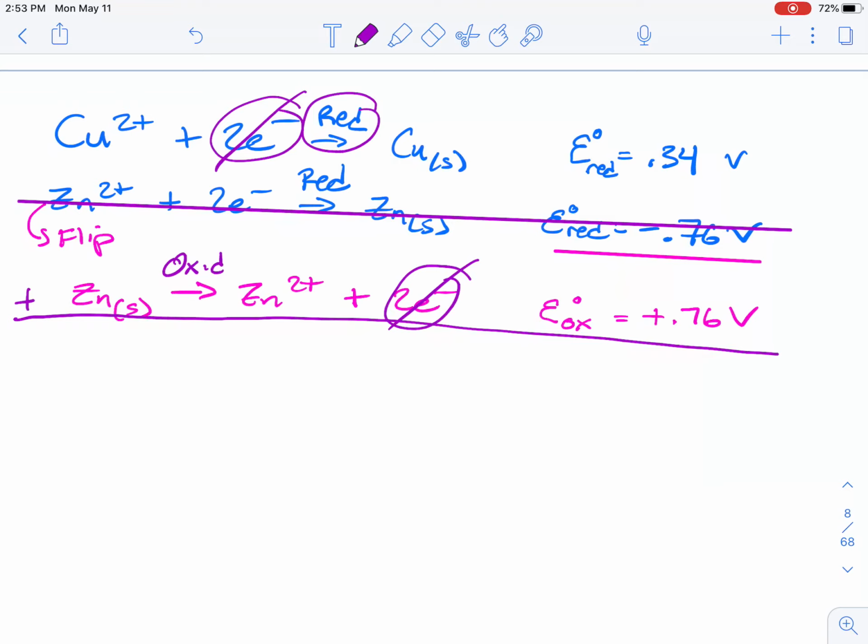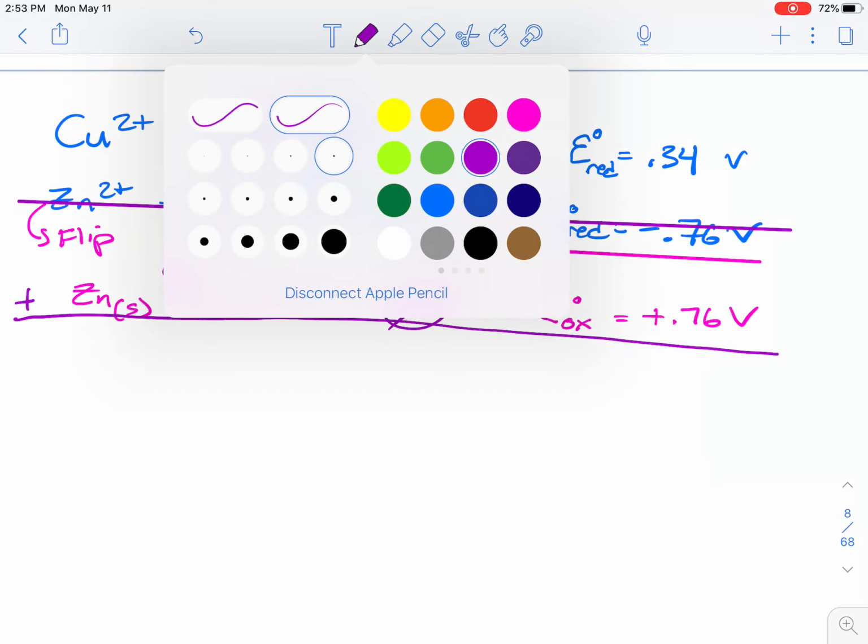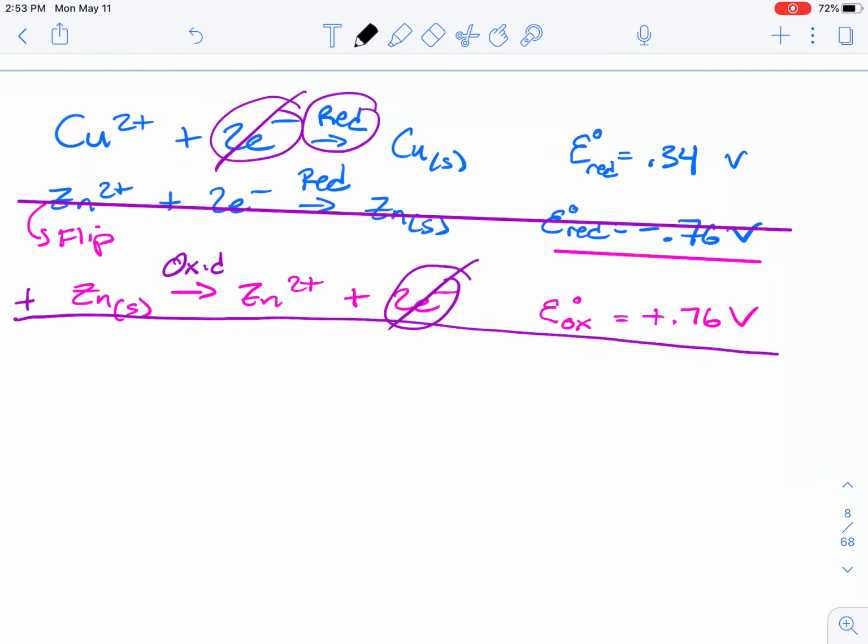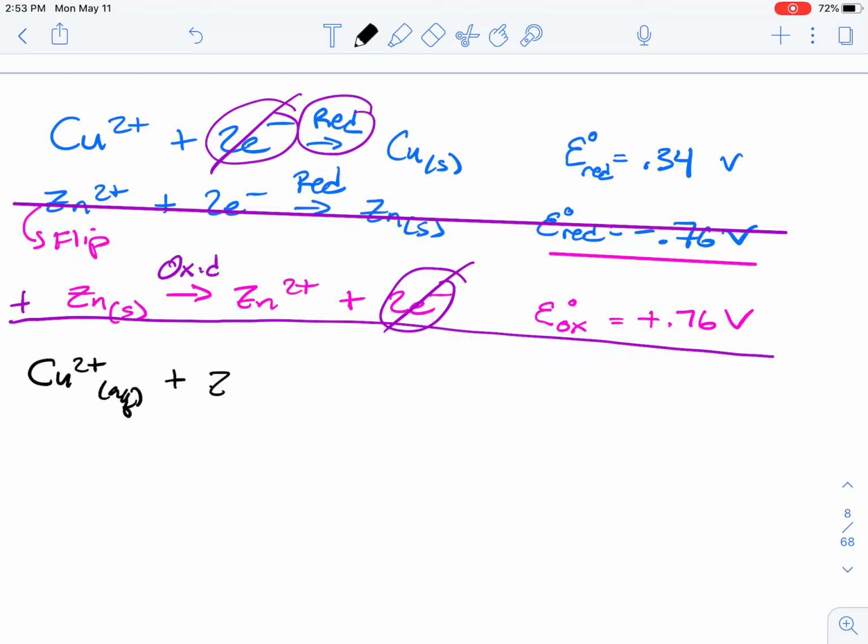And so when we add those two equations, what we get is copper 2 plus aqueous plus zinc solid to produce copper solid plus zinc 2 plus ion that's aqueous.